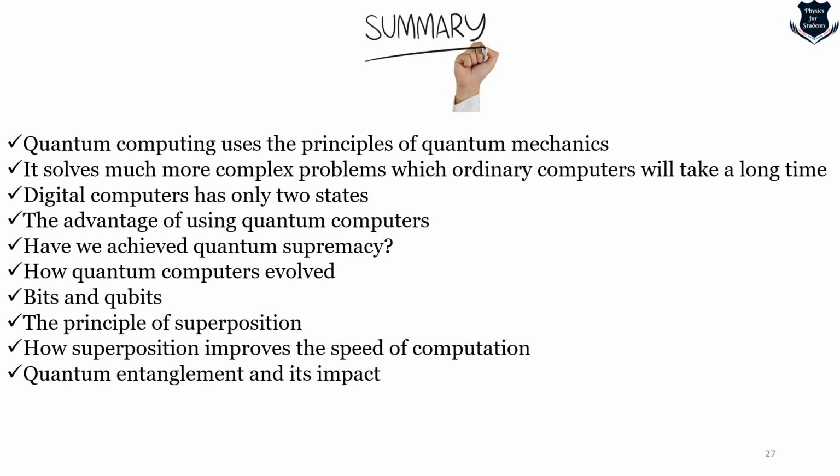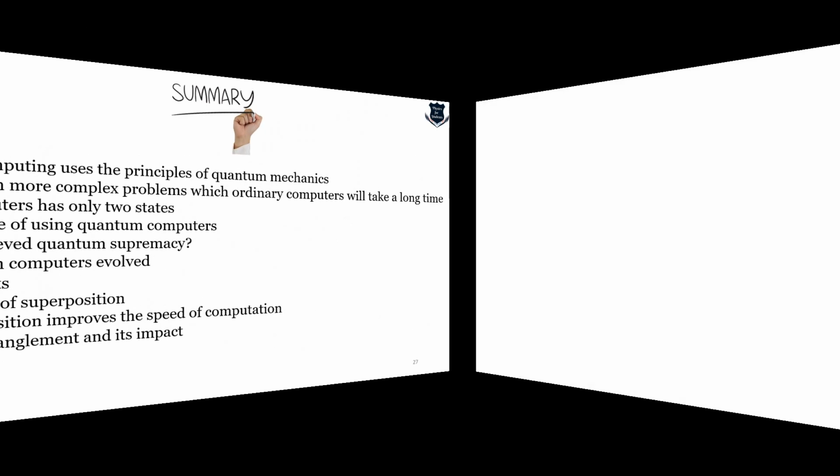We also saw bits and qubits and the principle of superposition. It actually helps us in developing and understanding quantum computing, because the number of possibilities operated on is more at a time. How superposition improves the speed of computation, and quantum entanglement and its impact on the speed, but not yet done. We will cover it in the next part of the video.